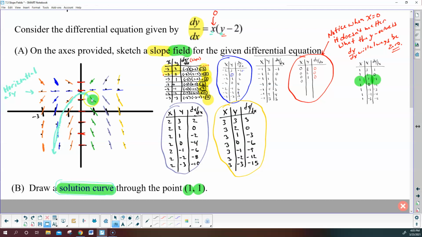And as it gets closer to 0.11, then we're going to have a negative 1 slope. And then my slopes get more and more negative. And it should follow, roughly be parallel to points near it. So see how this slope is roughly parallel. It doesn't have to be perfect because we're freehanding this, but that line is roughly parallel to that line. So this blue line right here is called the solution curve.